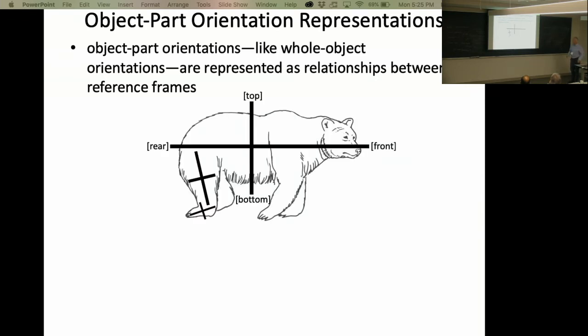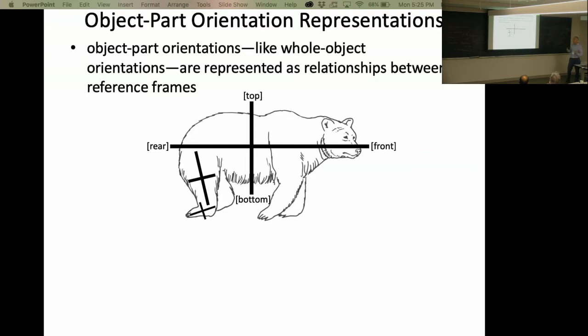So what I want to suggest is that for a complex object, there's probably an overall set of object axes, say top, bottom, front, rear for the bear, and then the major parts themselves have axial representations. And the way that we represent the overall shape of the object is to map the part object-centered frames, or the part-centered frames, onto the next highest level, and ultimately up to the entire, or the main object-centered frame.